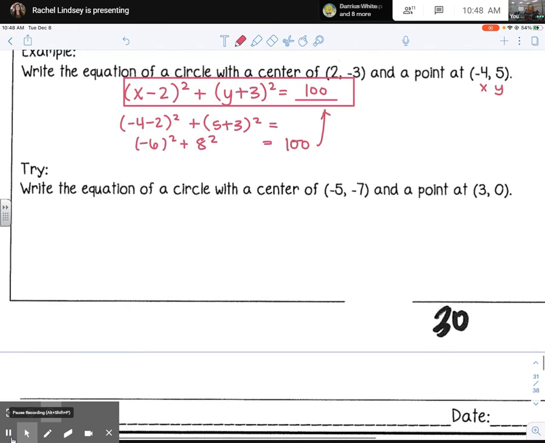Same thing. (x plus 5) squared plus (y plus 7) squared equals my radius squared. Gotta find that. Now I'm gonna plug in 3 and 0 for the x and the y.